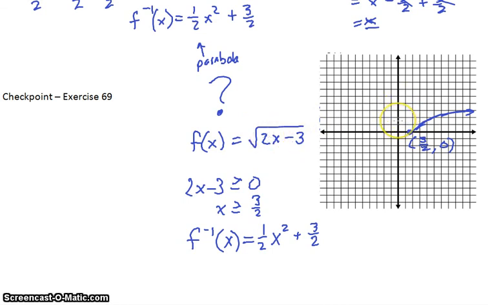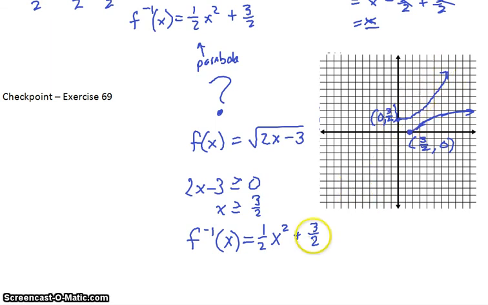So we are actually going to start this parabola right here. We're going to start it at this point. Okay? And the point is 0, comma 3/2. And we are going to just go from there to the right.